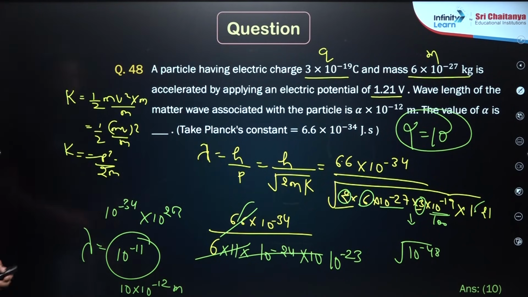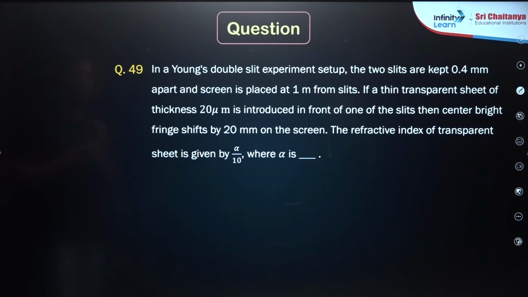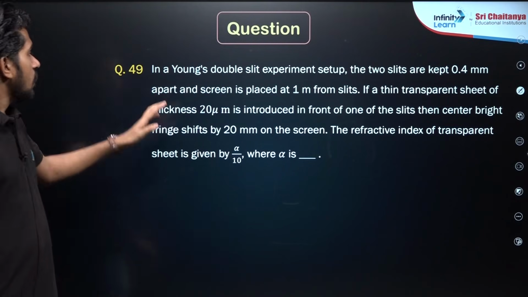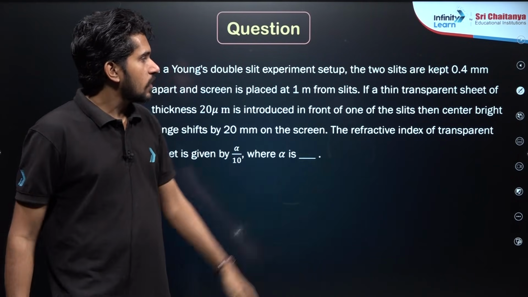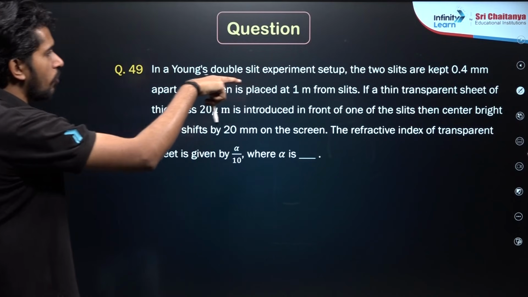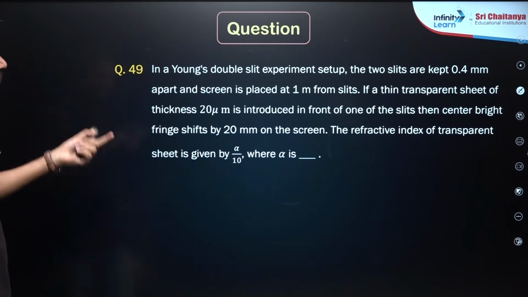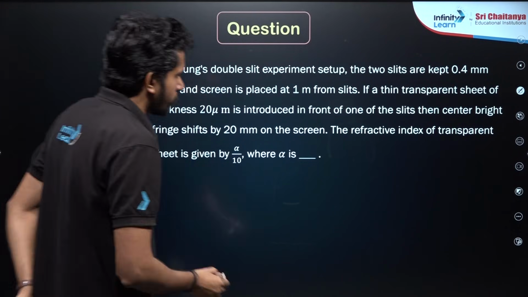Simple. Next question is, in a Young's double slit experiment setup, the two slits are kept 0.4 mm apart and the screen is placed at 1 meter.